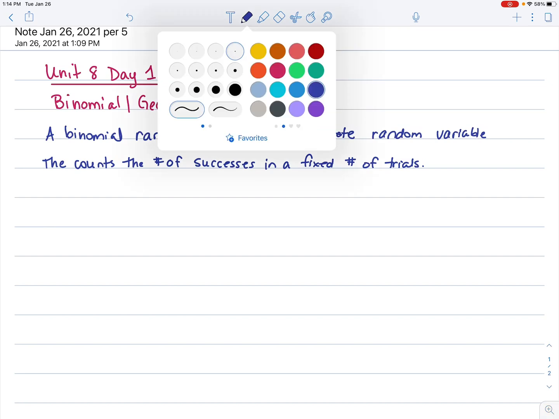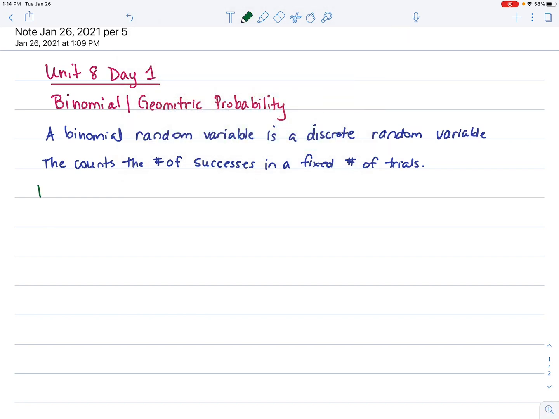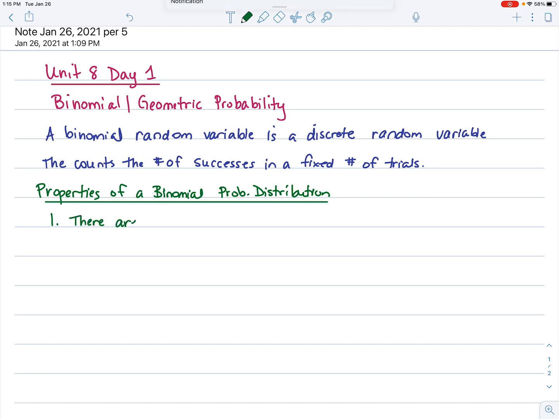Okay, so here's the properties of these binomial probability distributions. First of all, there are n repeated trials, and n could be any number of trials, but you need to know that number because there's a formula that will have n in it.